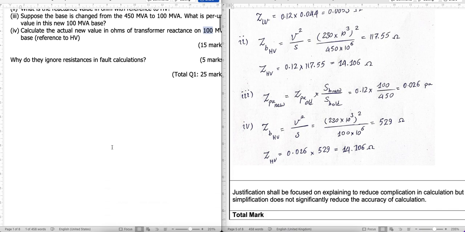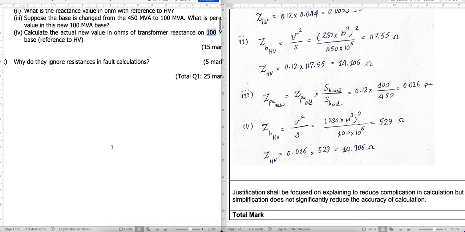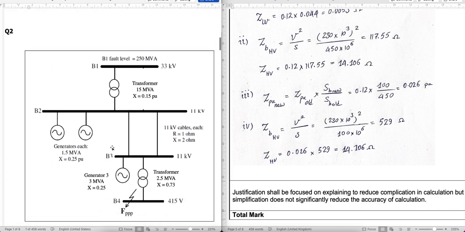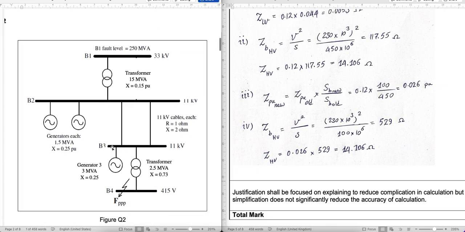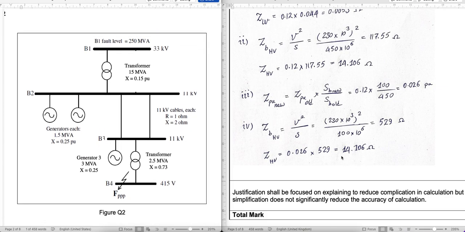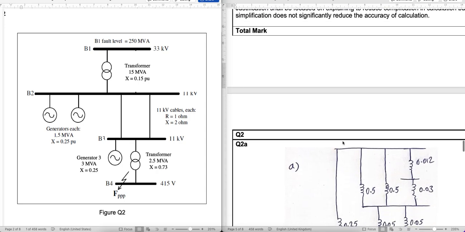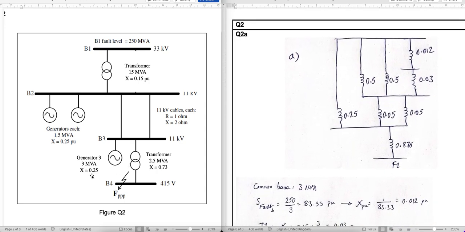Okay, this was question 1 on the per unit and power system representation. The second question is about short circuit calculation. So this single line diagram is given.